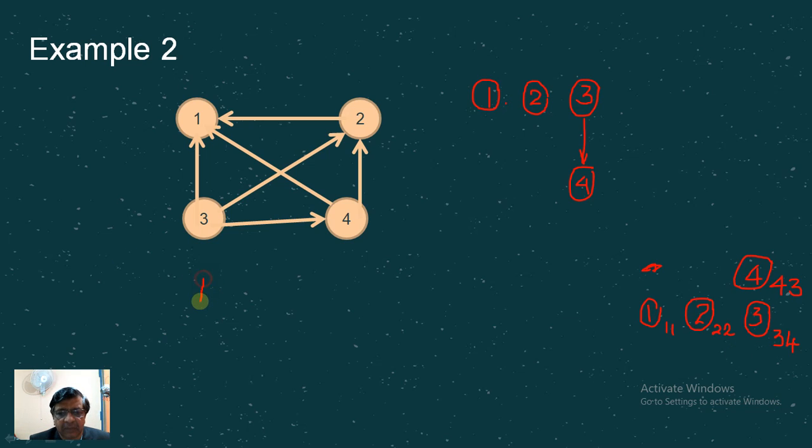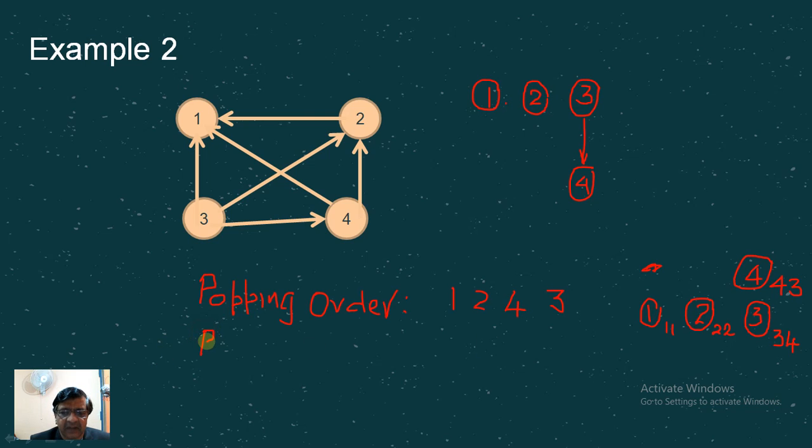Therefore the popping order is the order in which the vertices are popped. We can write it over here. It is 1, 2, 4 and 3. This is the popping order.